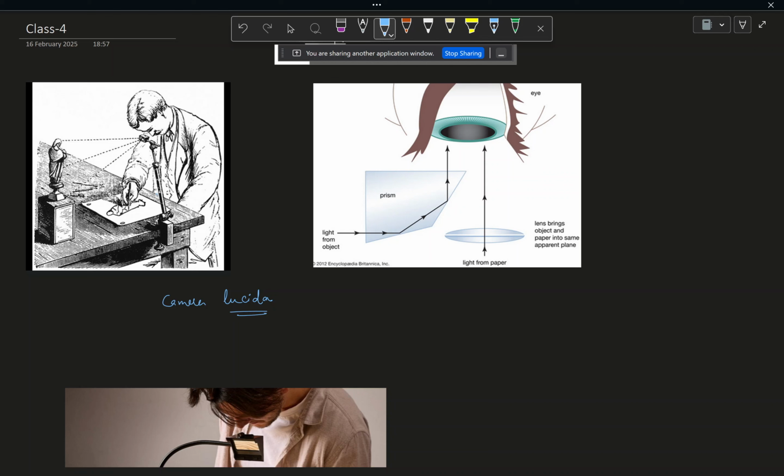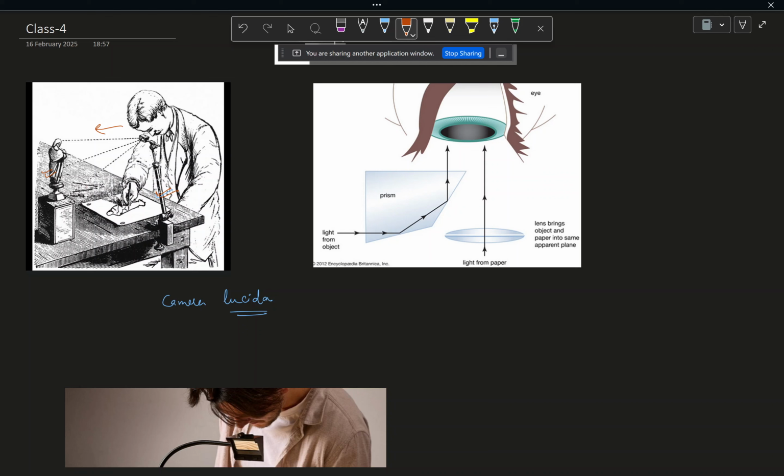This is the instrument that this person is using in the picture. You look into an eyepiece which has a prism fitted at such a particular angle that this is the object he is trying to draw a picture of, and this is the paper on which he is drawing. So he is not directly looking at the object and then drawing.